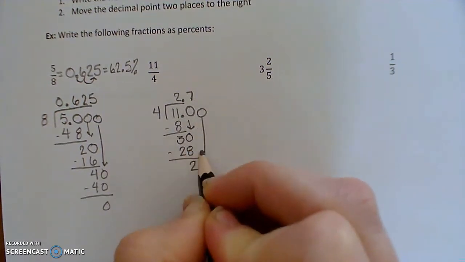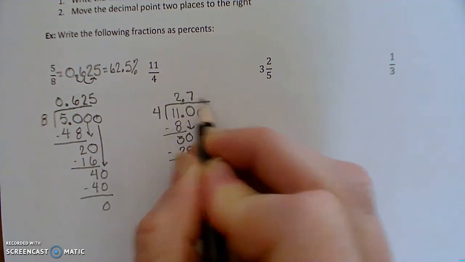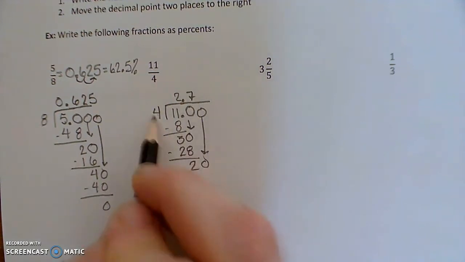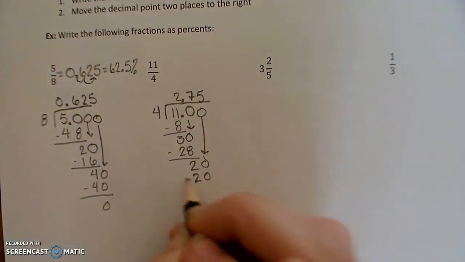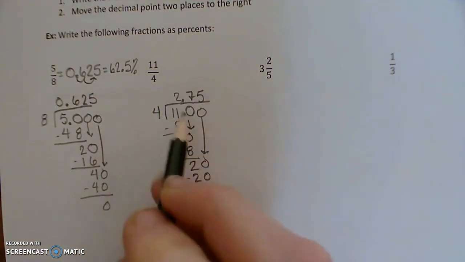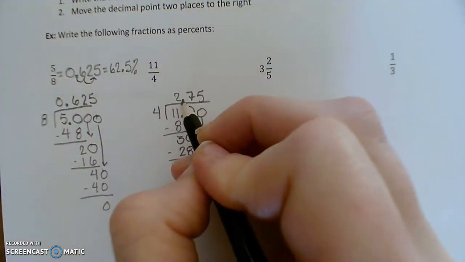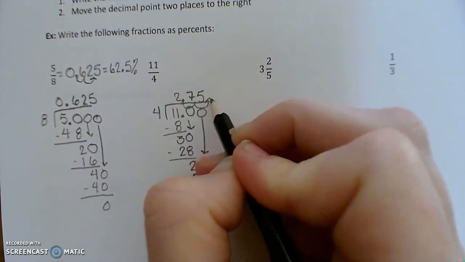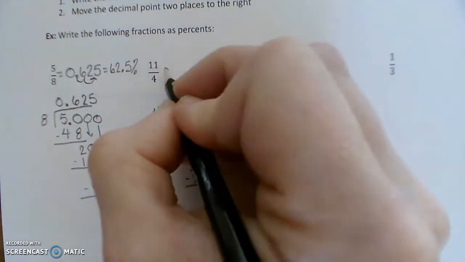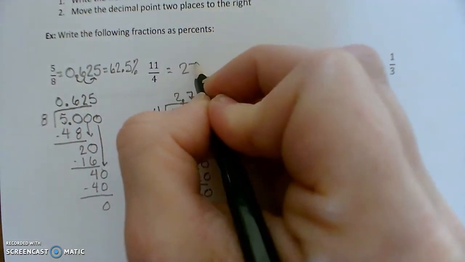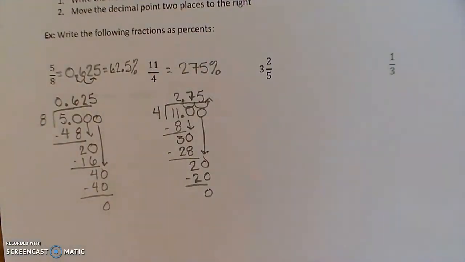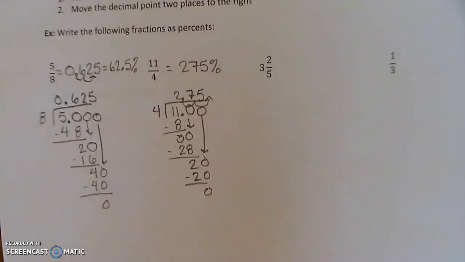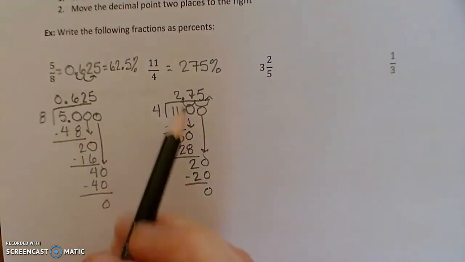Bring down another 0. And 4 goes into 20 5 times. 5 times 4 is 20. We get remainder 0 here. So 2.75. And now go ahead and move that decimal point 2 places to the right. This will be 275%.